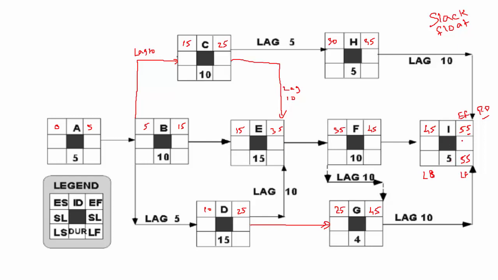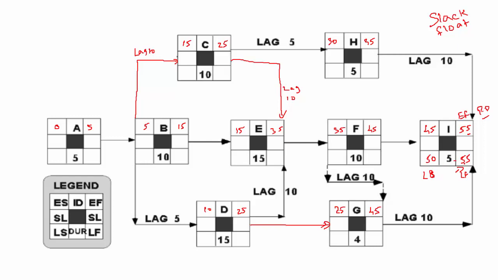Now, in the forward pass we did the plus, in the backward pass we are going to do the minus. So 55 minus 5 would be 50. See, I must finish on 55. So how late can I start I? If I is 5 days, I can start on 50, right?